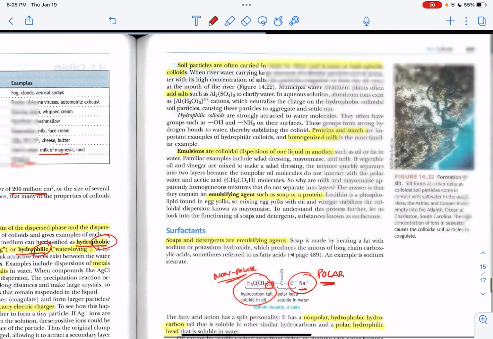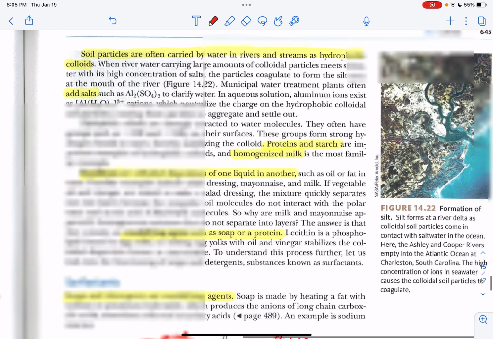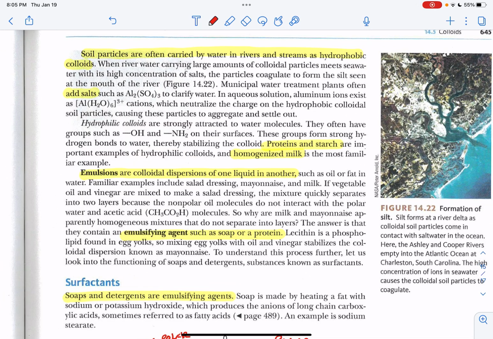Now backing up just a little bit. Soil particles that are being carried down by moving water are often hydrophobic because they are nonpolar. Sometimes salt materials can become hydrophilic if they pick up a static charge.